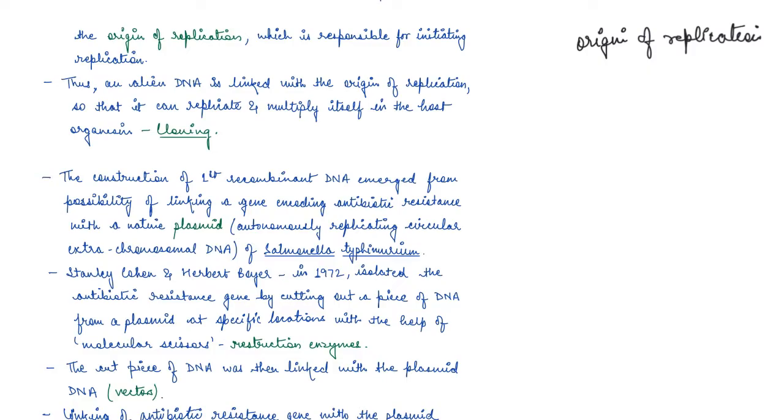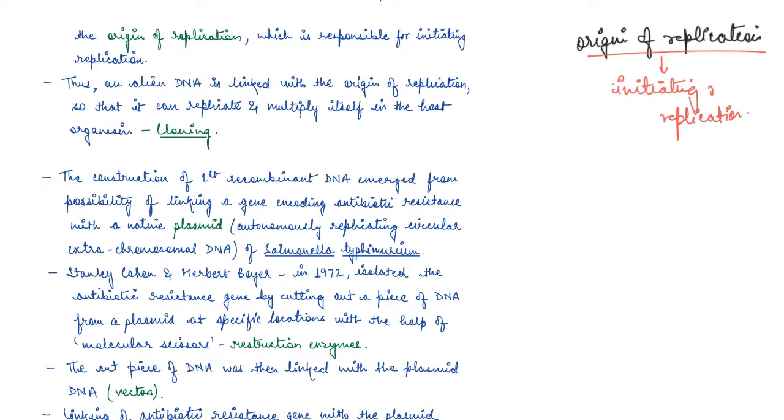Now, guys, remember that this origin of replication is responsible for initiating replication, that means starting replication, right? So an alien DNA is linked with the origin of replication so that it can replicate and multiply itself in the host organism. And this process is known as cloning.